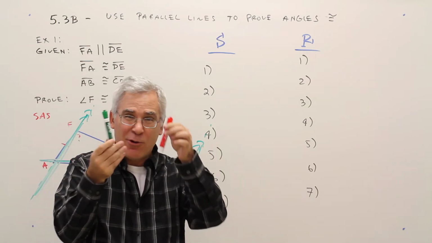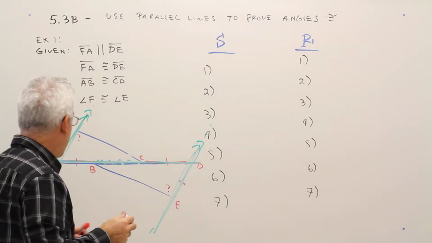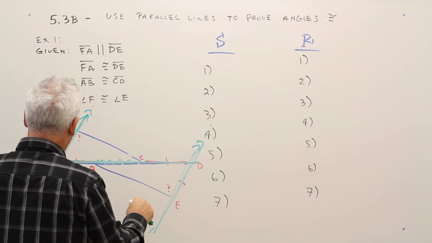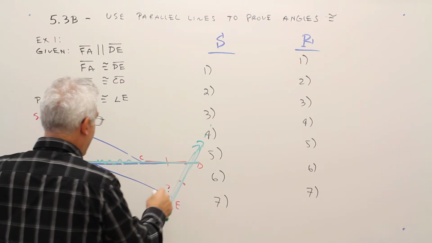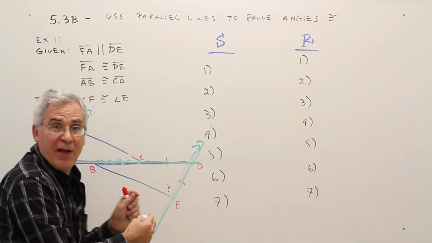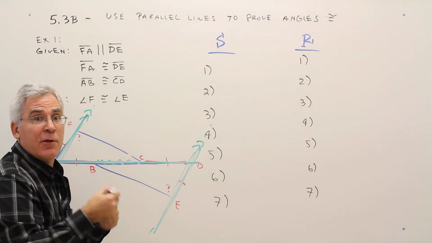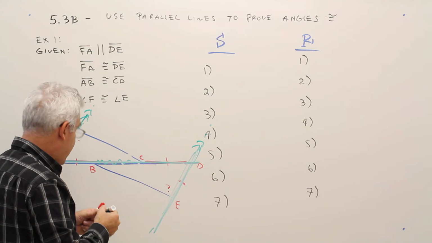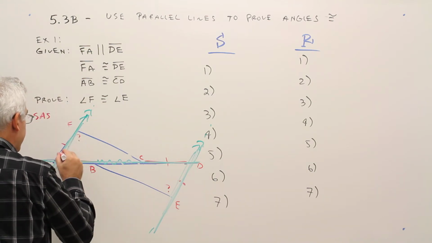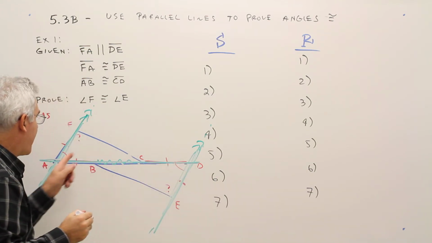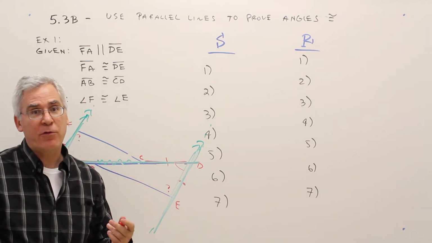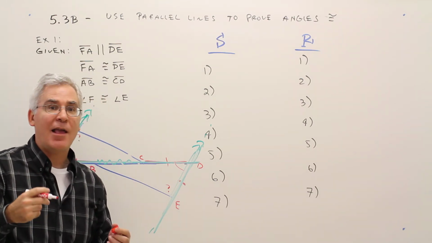When they're at an angle or vertical, students struggle with them a little bit more. So in your mind, try to think, oh, this angle here and this angle here are both on the interior, and they're on alternating sides of this transversal, so they're alternate interior angles, so they are congruent. So I will be able to get them congruent, and then I will be able to prove the triangles by SAS. Now I've got a game plan.